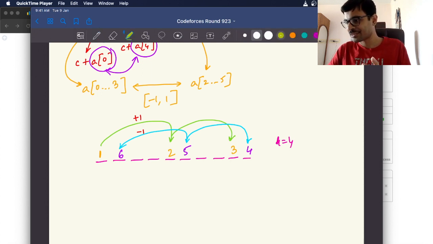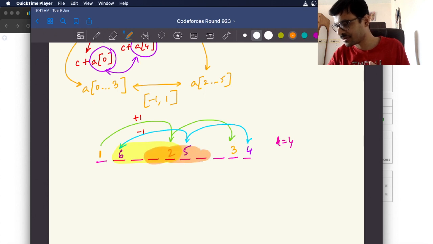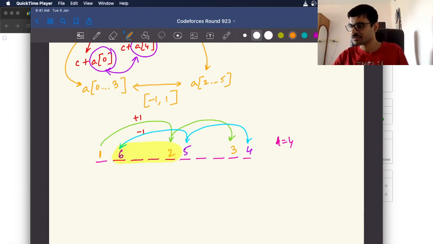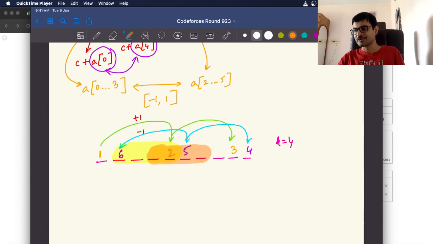So keeping this factor in mind, this particular subarray, this particular subarray, yeah. So between the yellow subarray and the orange subarray, I can say that the first two elements and the last two elements will make the difference. So if this is minus 1, the next one has to be plus 1 to meet it. So that's exactly what I'll be doing.